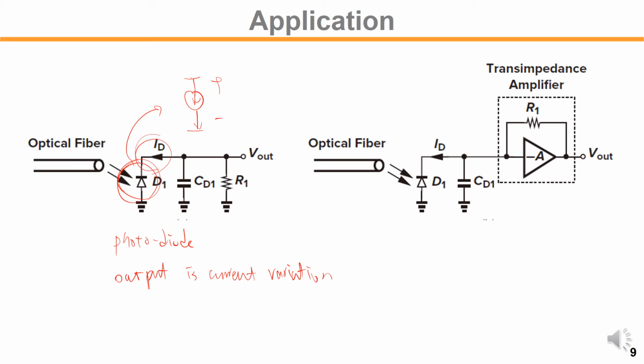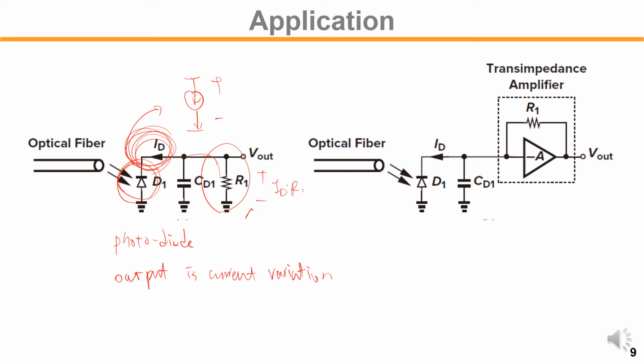But in order to observe this current variation, it needs to somehow flow through R1, so that this current variation will change the voltage, let's say ID times R1, right?